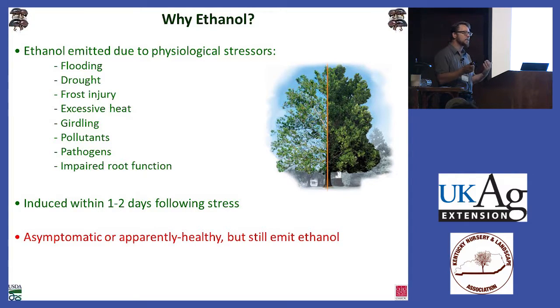So again, the concept of apparently healthy: it may look apparently healthy to us, but what's actually occurring is in terms of its interactions with beetles. They can be asymptomatic or apparently healthy, but still emitting ethanol.